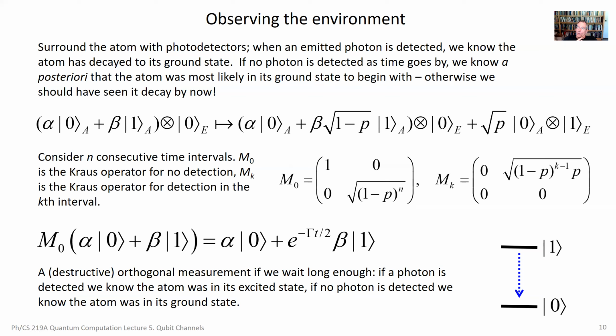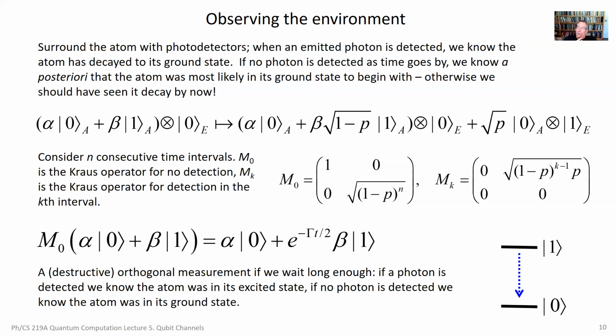If after a total time t, we never saw a photon, well, that's just this M0, but now, as we've already discussed a few times, I can think of the square root of 1 minus p over n as going to e to the minus gamma t over 2, where gamma is the probability per unit time that the excited state of the atom decays to the ground state.